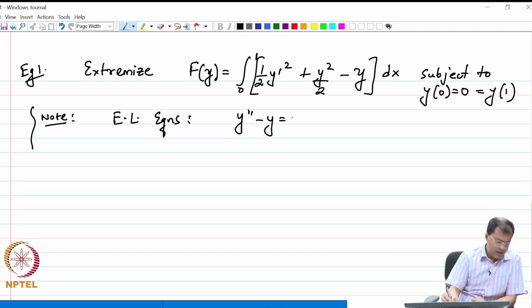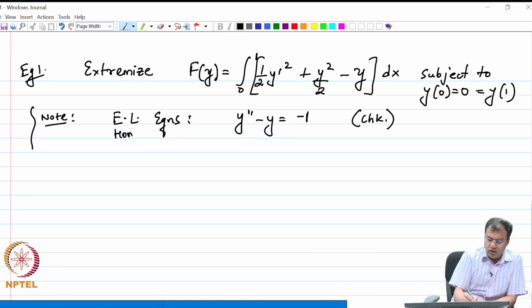So, the extremum y is given by the Euler-Lagrange equation, which reduces to the following ODE. Students should check that by solving the Euler-Lagrange equation, we eventually get this ODE. Okay. So, the ODE has constant coefficients and is non-homogeneous.